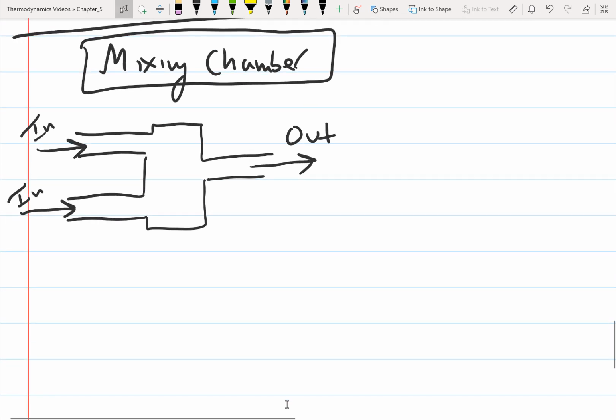So first of all, let's write down our equation for the first law energy balance, and this time we're going to need the one with the summations because we're going to need the summation for in, but out we just have one stream. So we have Q minus W is equal to m dot out, and there's only one stream out, so we can just write it like this.